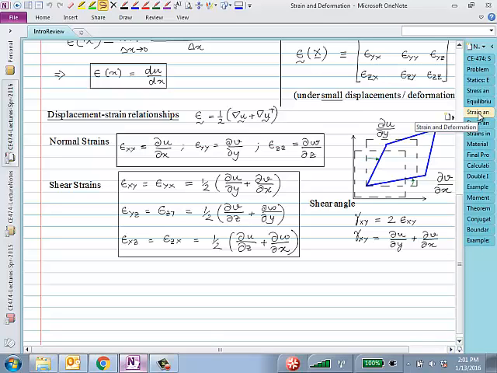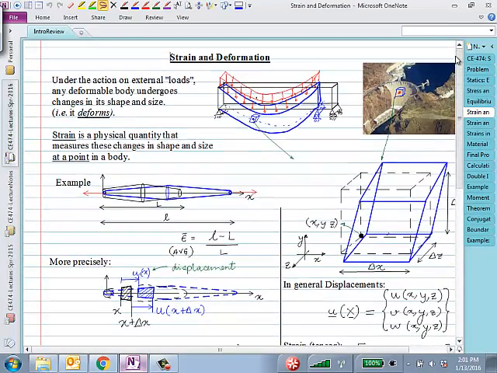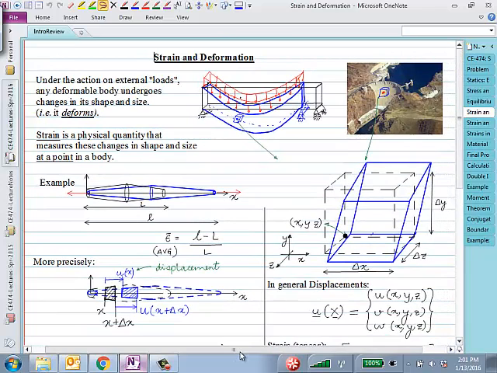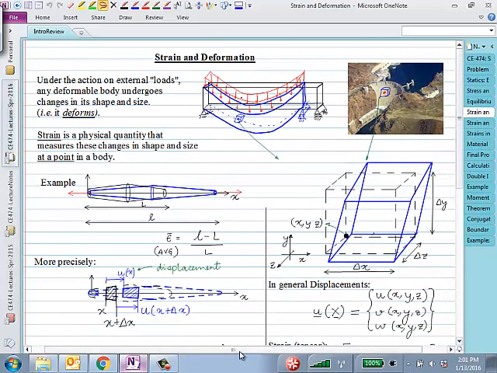That's the statement of compatibility. So deformation is what we're going to talk about now, and the way we measure deformation is through strains.